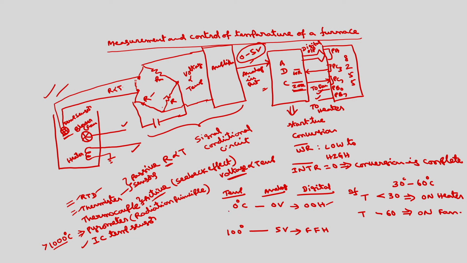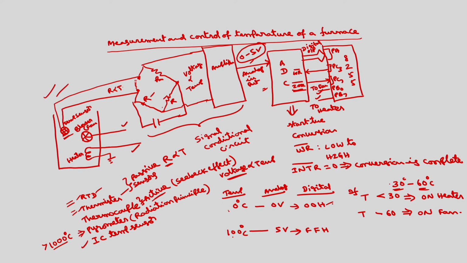So if 0 degrees corresponds to 00H and 100 degrees corresponds to FFH, what will be the digital equivalent of 30 degrees and 60 degrees? It depends upon the resolution of the A to D converter, right? Here 0 degrees corresponds to 0 volts, and 100 degrees corresponds to 5 volts.